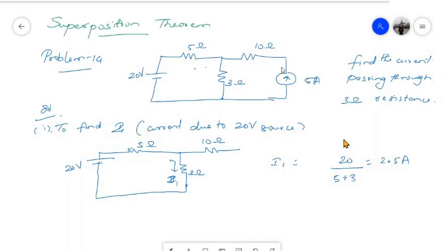Now I will be analyzing the circuit with only this 5 ampere source. This is a voltage source, so I can short circuit this. Had it been a current source, I would have open circuited. So this is a voltage source, so I am short circuiting it.